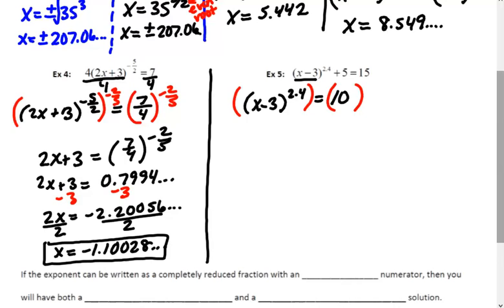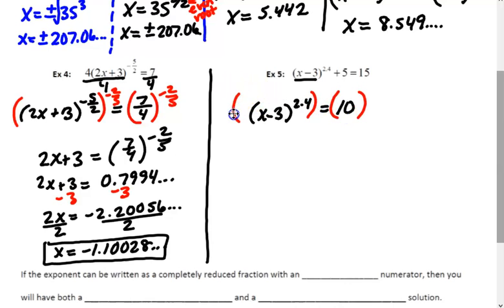I think that would be helpful. I can scoot it down a little bit and then just stick that in there. I know you guys can't do that, but there we go. And this is 1 over 2.4, 1 over 2.4. And so I end up with x minus 3 on this side.